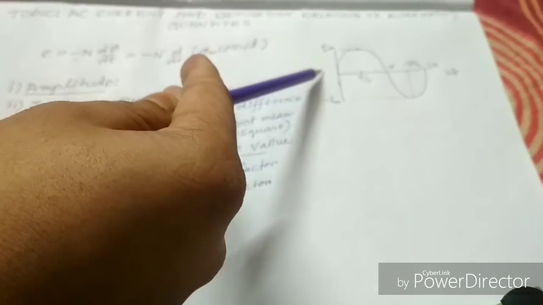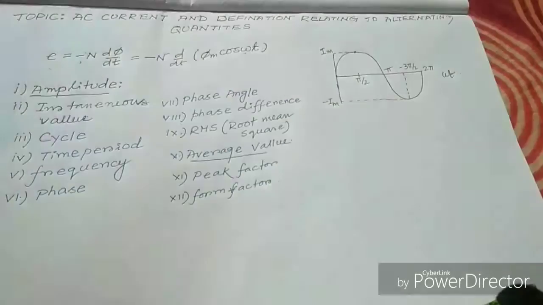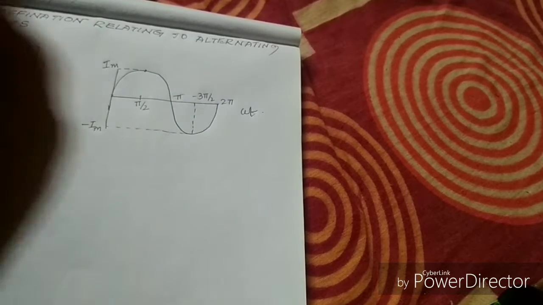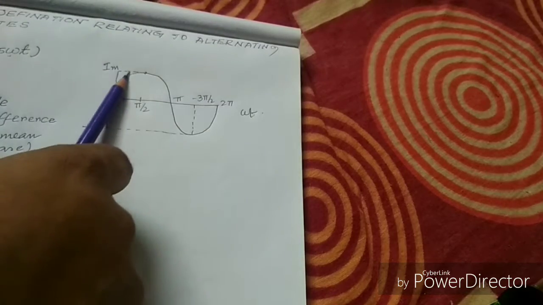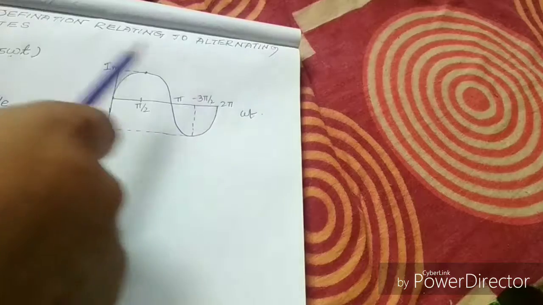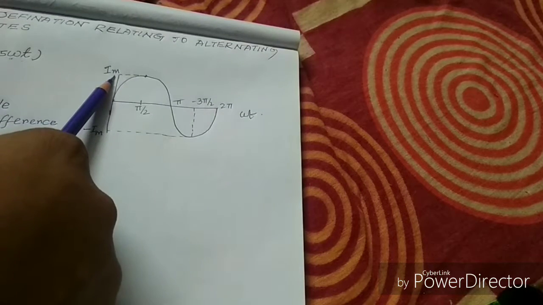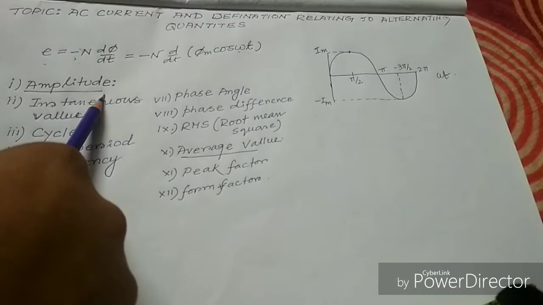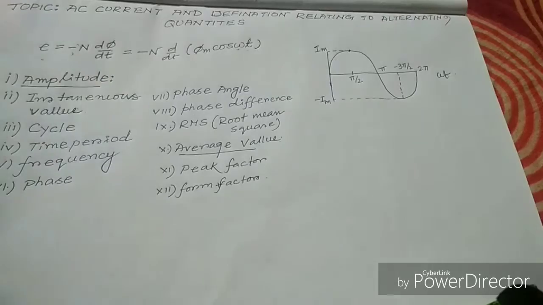All of you see that picture. By this picture I am going to discuss all the things. This is an alternating current. Im is the peak current. Our first topic is amplitude or peak value.